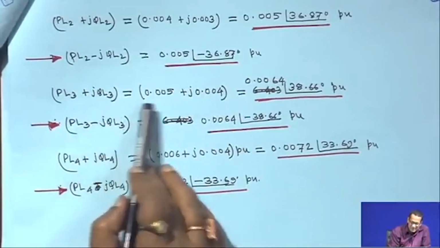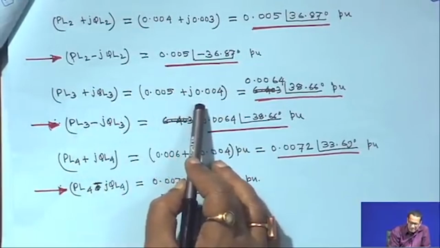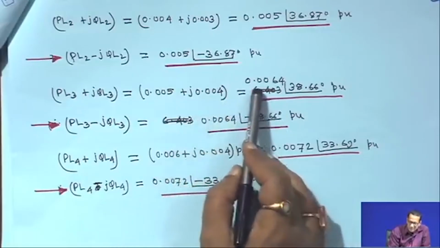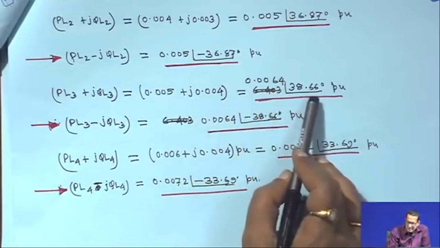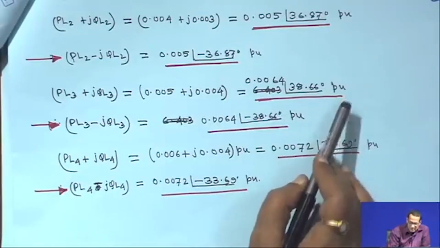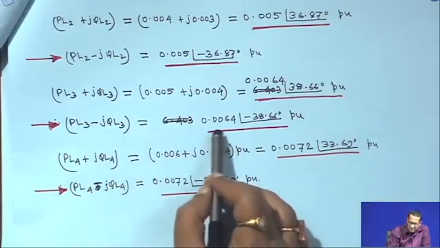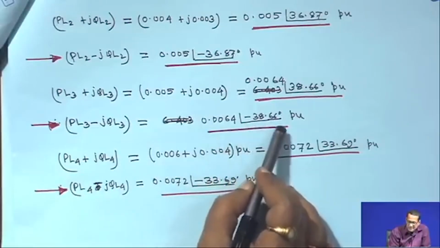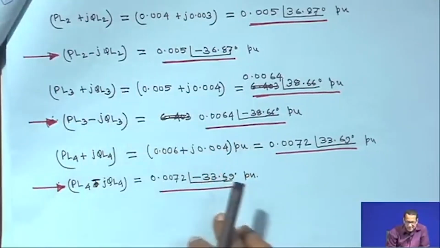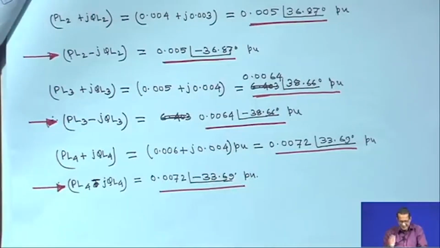Similarly, PL3 plus jQL3 is equal to 0.005 plus j 0.004, that is equal to 0.0064 angle 38.66 degree per unit. So, take the conjugate. PL3 minus jQL3 will be 0.0064 angle minus 38.66 degree. This conjugate I am taking because we need to compute the load current.